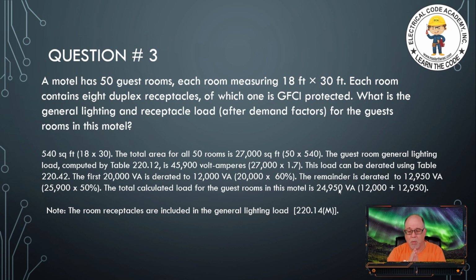We add those two together: the 12,000 from the first 20,000 at 60%, and the 12,950 from the remaining value at 50%. That gives 24,950 VA, and that is our contribution for the general lighting and receptacle loads after we applied the demand factors in 220.42 to this question.